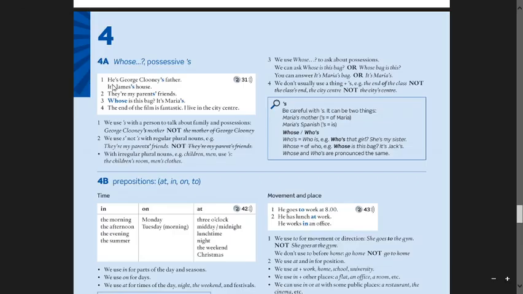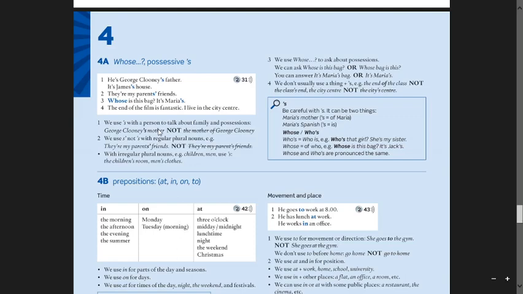Here we are. So 4a, whose and possessive s. He's George Clooney's father. It's James' house. They are my parents' friends. Whose is his bag? It's Maria's. So we use apostrophe s with a person to talk about family and possessions.